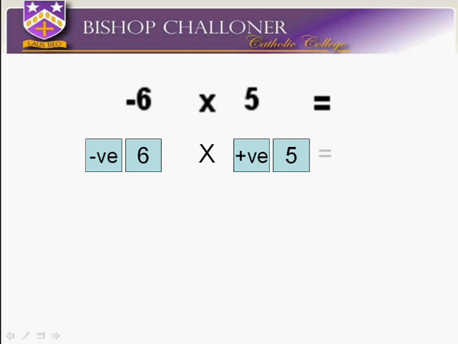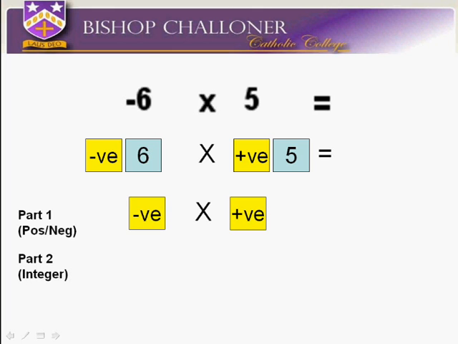I'm separating them out into two parts. The first part being the positive or negative symbol, and the second part being the positive whole number integer. If I fully separate these two out and deal with each part, the yellow part by itself and the blue part by itself, then I can use my knowledge of what a negative times a positive would be, and also my times table knowledge of 6 times 5.